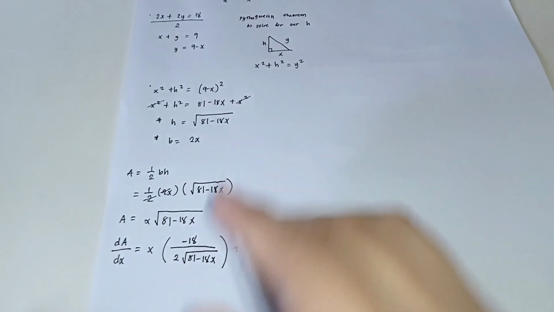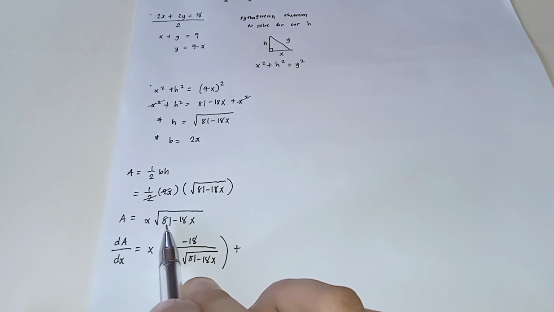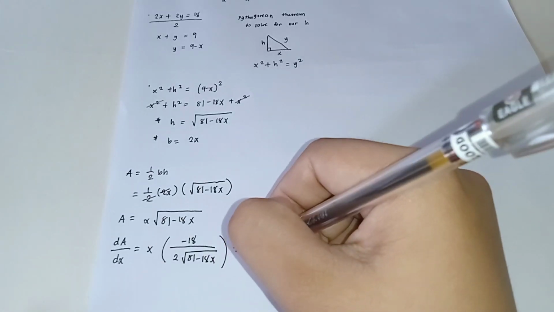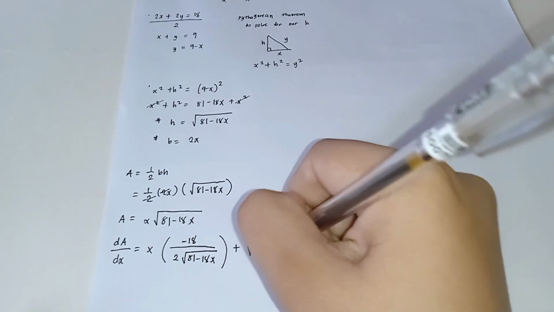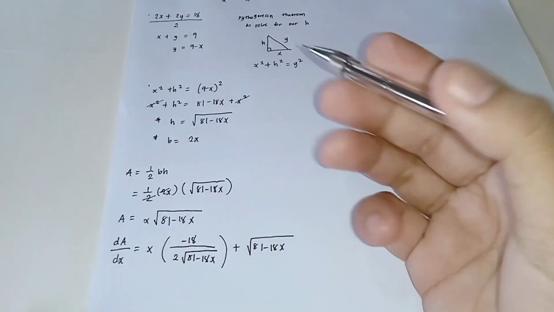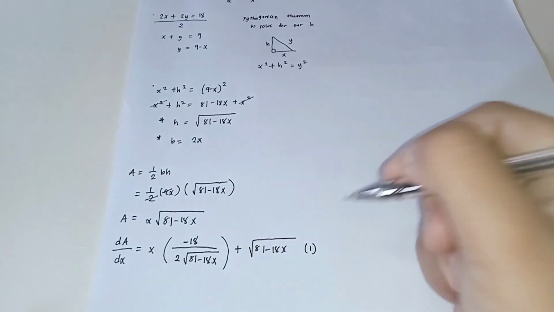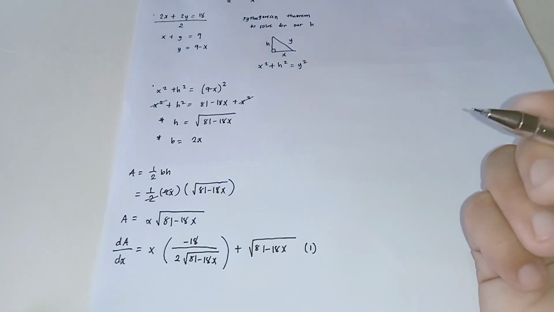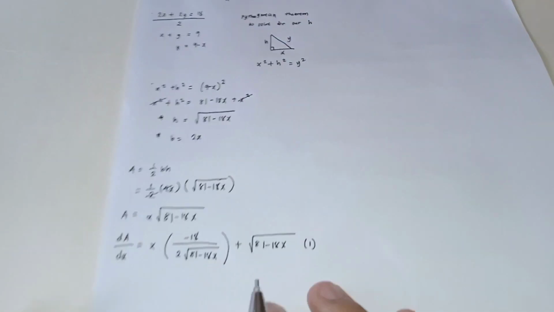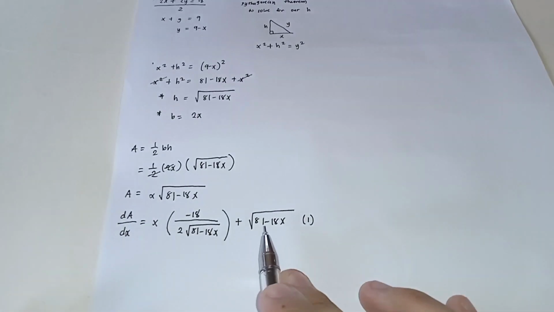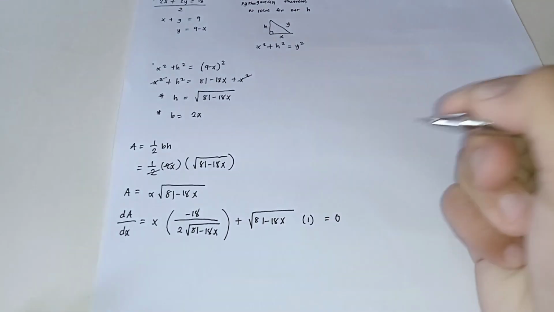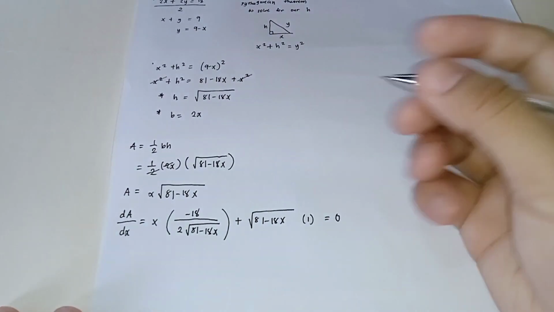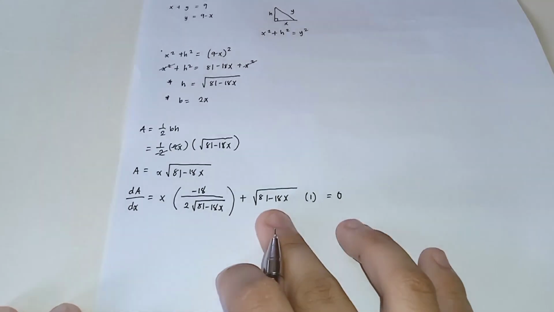plus, now copy this one, square root of 81 minus 18x, and then let's derive x, which is 1. So now after we differentiate the function, we will equate it to 0. But let's first simplify this one here.